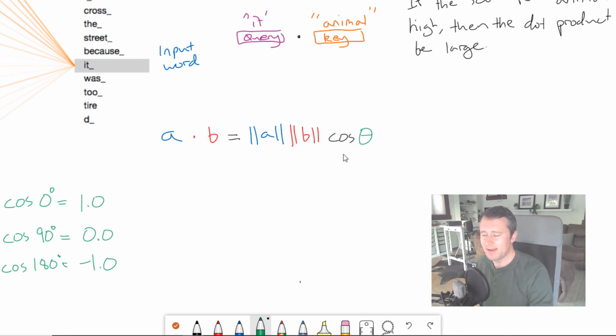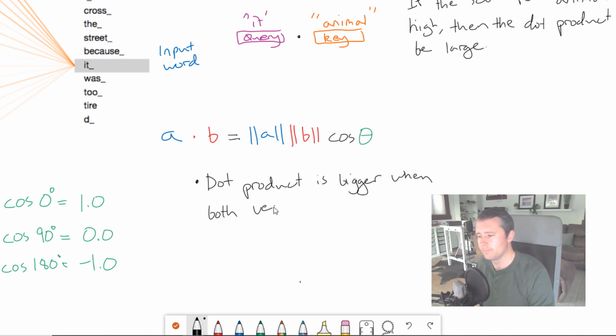So what this tells us is that one way to make the dot product larger is for both vectors to point in the same direction. And then, of course, the other way to make the dot product large is just for either of the magnitudes to be large.